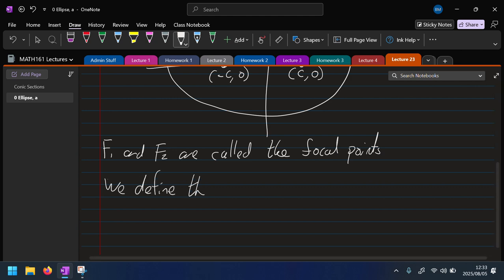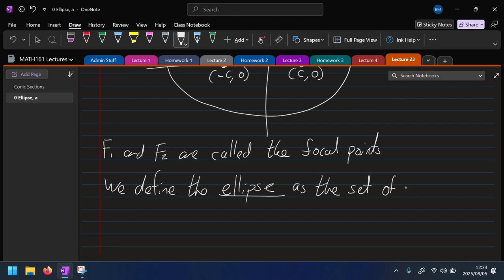So we define the ellipse as the set of points P(x, y). Okay, so all those points P that go around, so that's our graph of this.